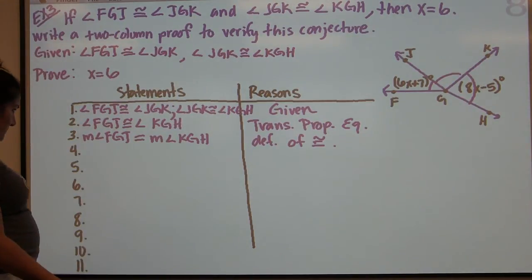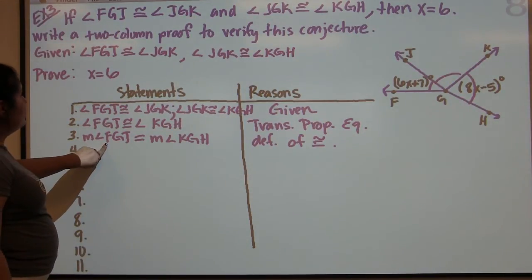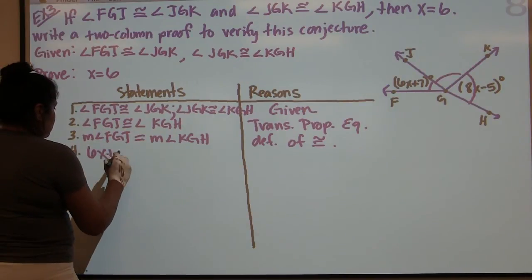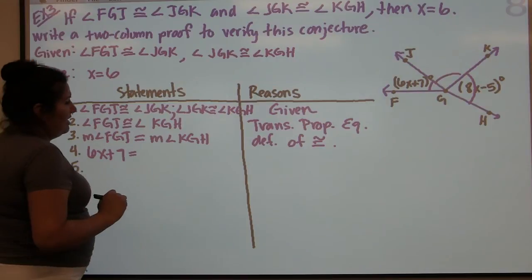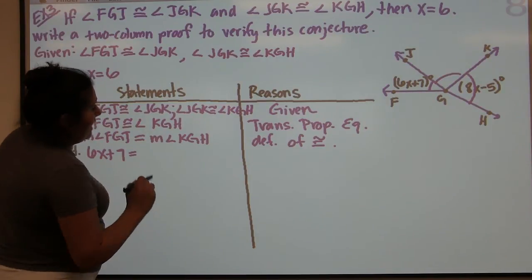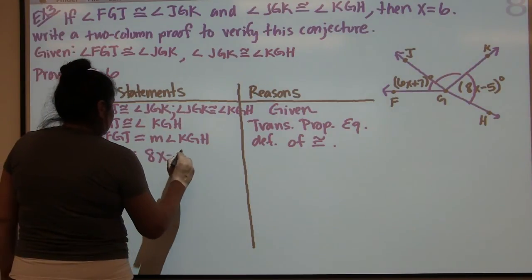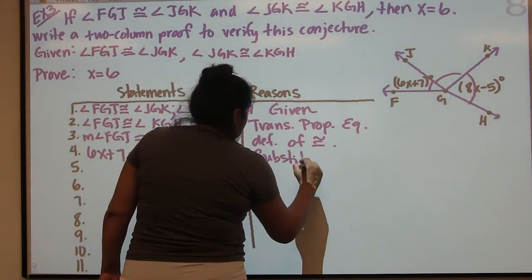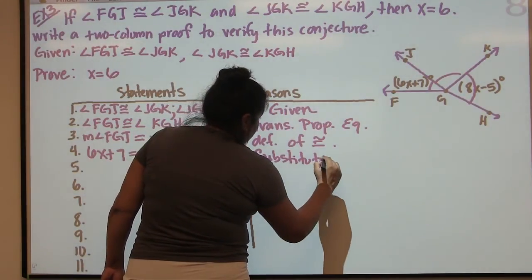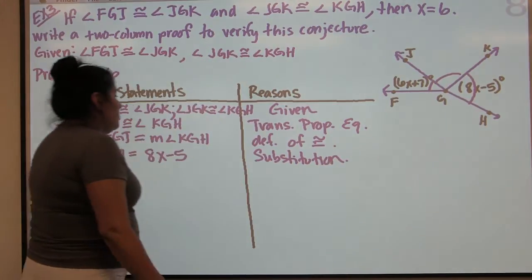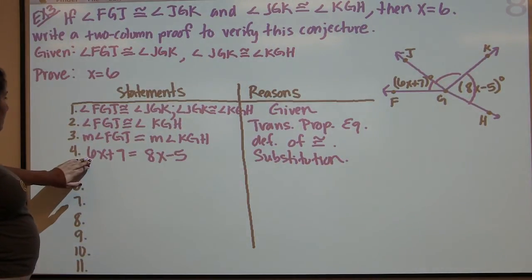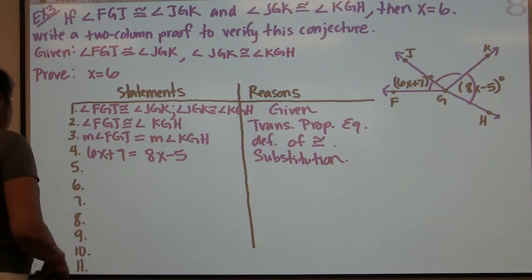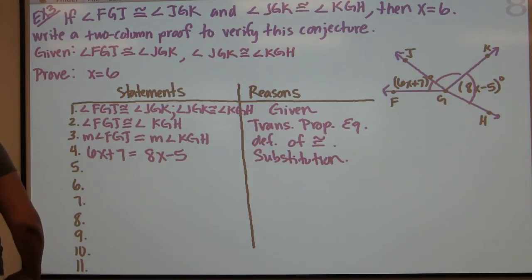And now we can use substitution, because we know that FGJ is 6x plus 7, and that KGH is 8x minus 5. And this is substitution, because we're replacing what the angle measure is equivalent to based on the diagram. So there we go for step 4.